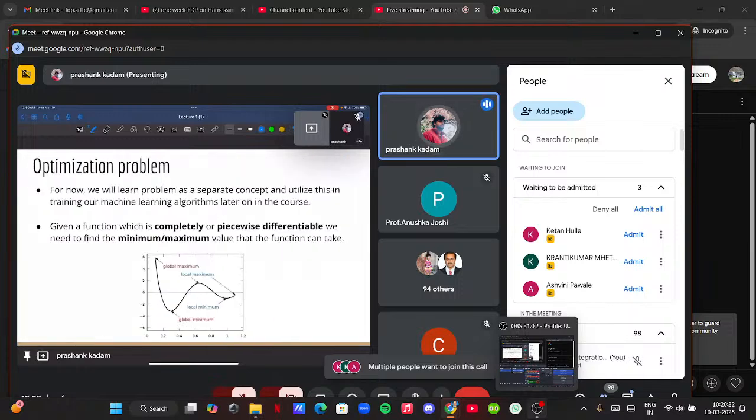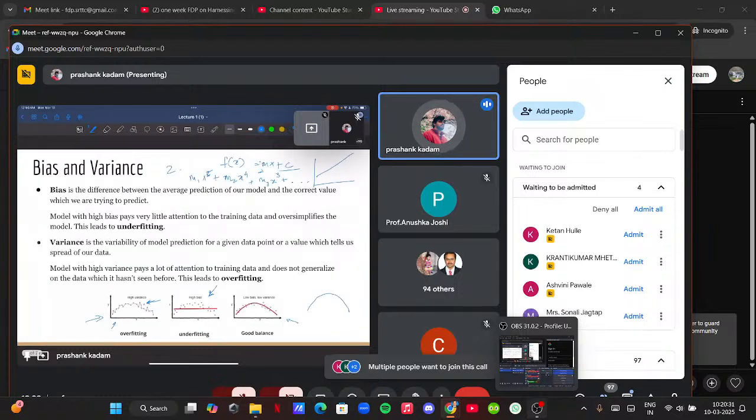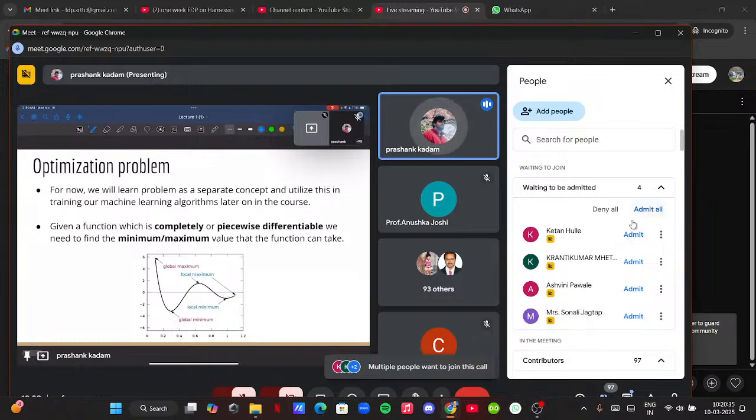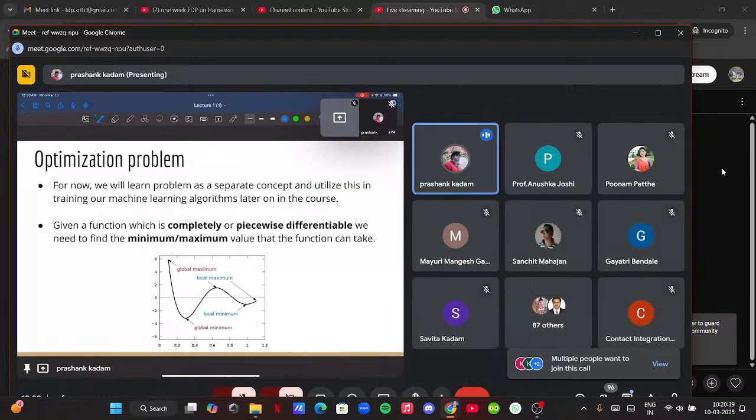And now we move to the optimization problem. As we saw earlier, we have a bunch of data points in our training data, and what we are trying to do is come to an optimal set of parameters that can very well learn the function that we are trying to learn. So what are the optimal parameters for that?